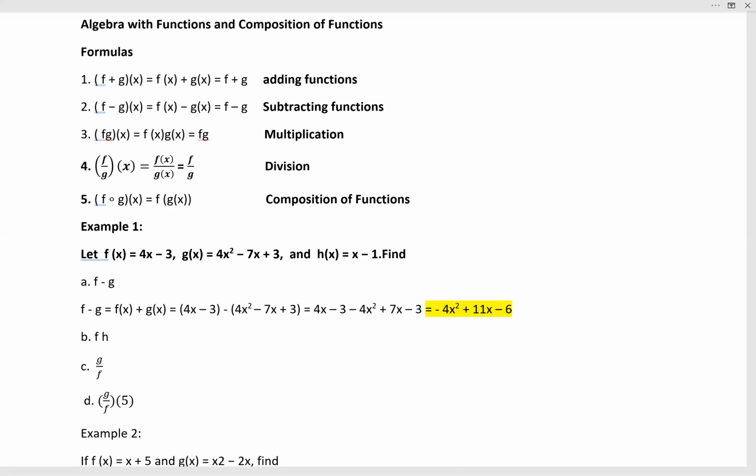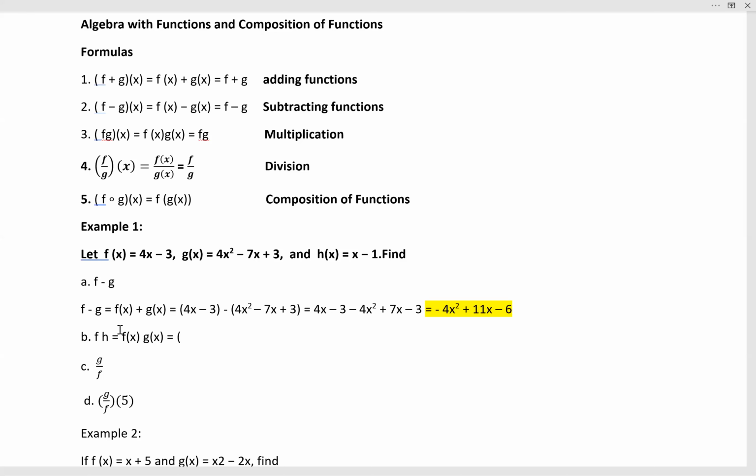I want to find f times h. So I'm going to look at the multiplication between the functions. In here it's actually the same thing as f(x) times g(x). Okay, so I write f(x) times g(x). So that means what?